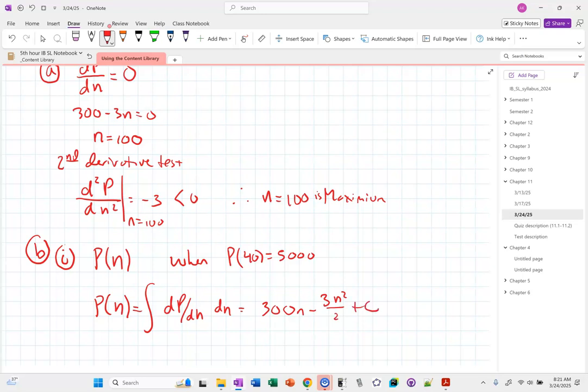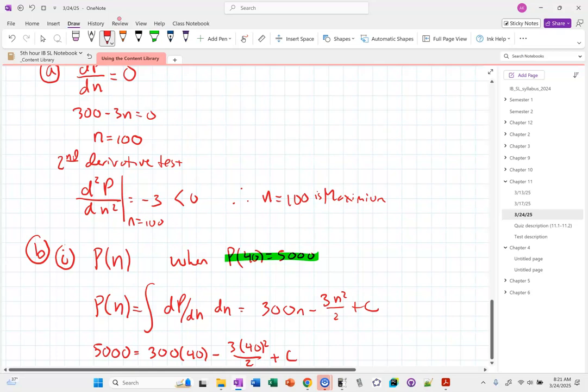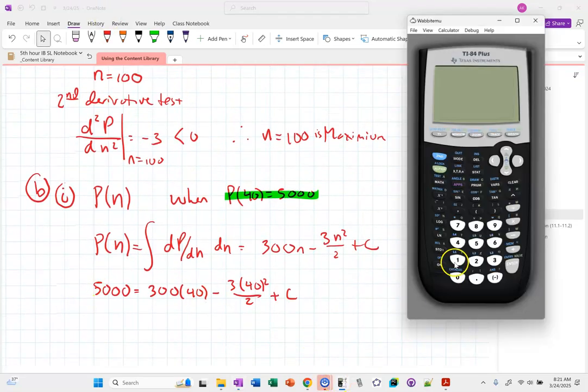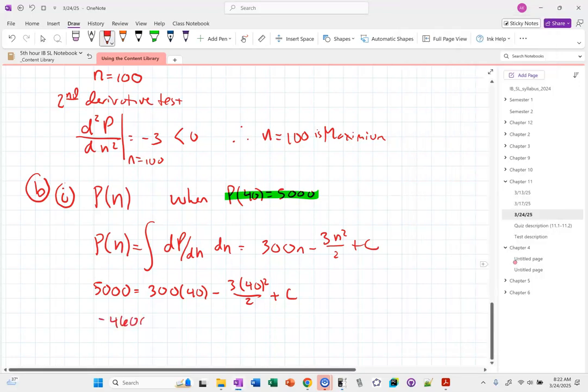So I have that, right? This part is going to be given to me to solve for C. So that gives me C is negative 4,600.